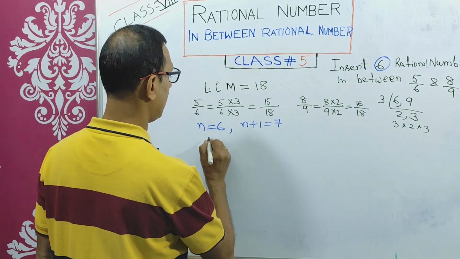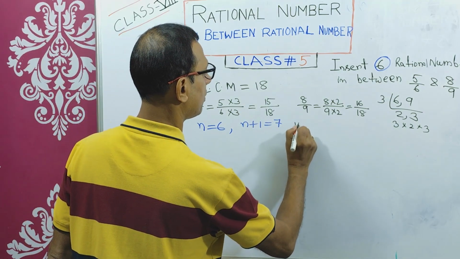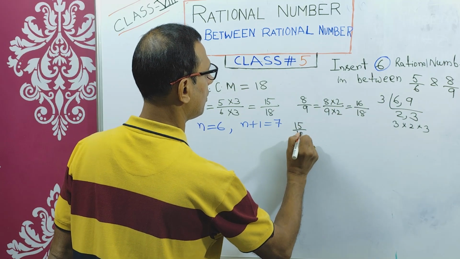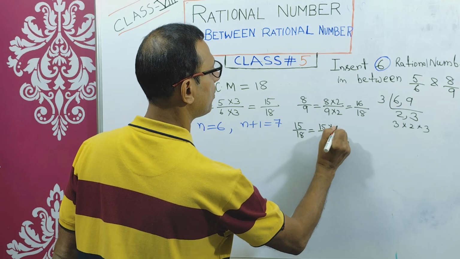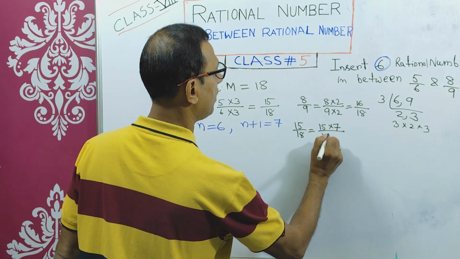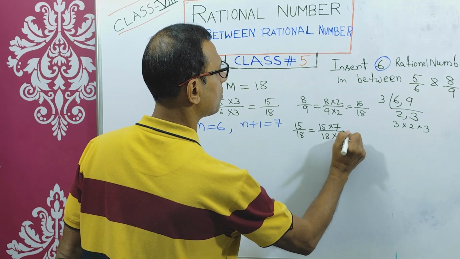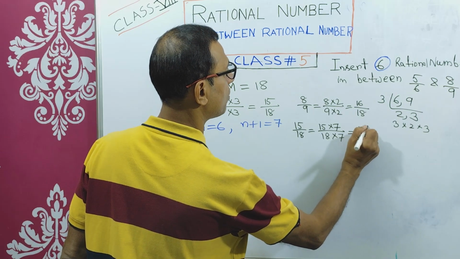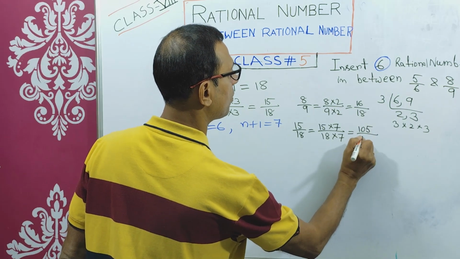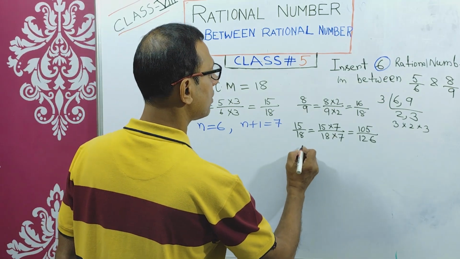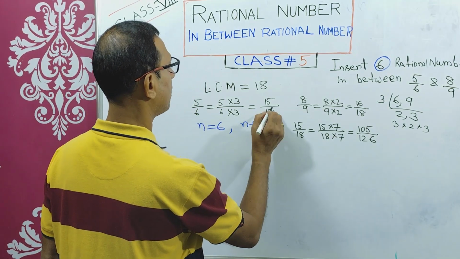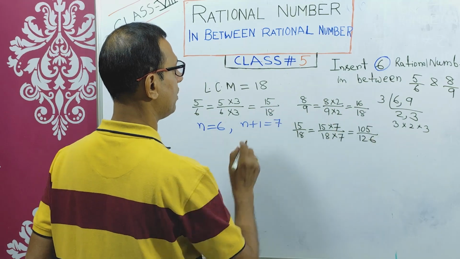So 15 by 18 equals 15 into 7 by 18 into 7. So 15 sevens are 105, 18 sevens are 126. Another number is 16 by 18.